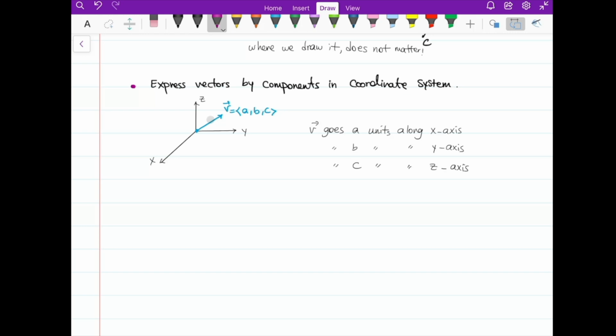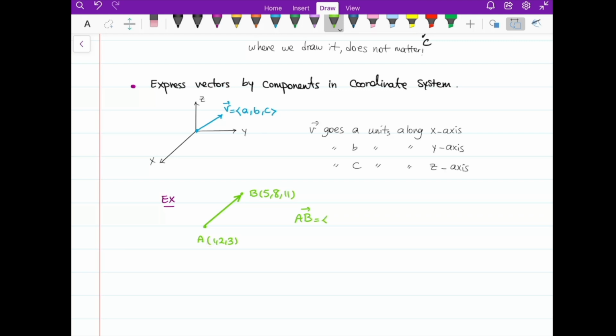Let's look at one example. For example, I'm starting at the point A with the coordinates 1, 2, and 3, and I go to the point B with the coordinates 5, 8, and 11, and then I have this vector. This vector is the vector AB, and to write the components of this vector, I need to subtract the component of the endpoint minus the first point.